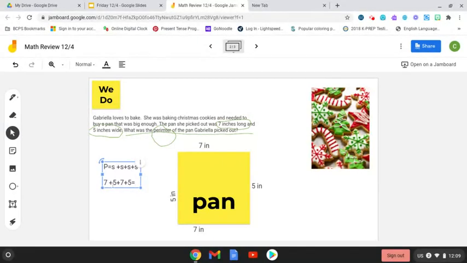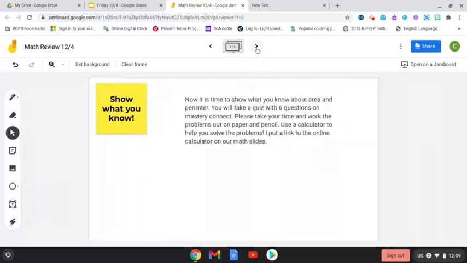So if I know that, then I can also say that 7 and 7 is 14. So I would do 10 and 14 to make 24 inches. Now, because this is perimeter, I don't do square, okay? Area, squarea, not perimeter. Perimeter is just inches, okay? So now we have the perimeter of this pan that Gabriella is using to cook.